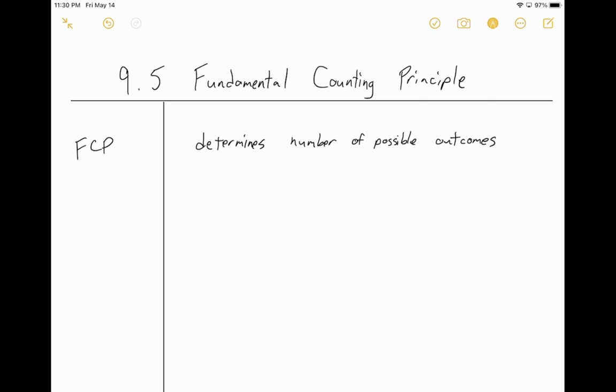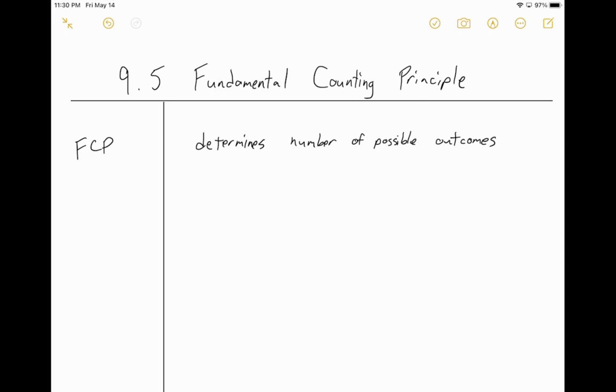Okay, so it determines the number of possible outcomes, how many things could happen, right? So, for example, if you roll a die, then there are only 6 things that can happen: 1, 2, 3, 4, 5, 6.